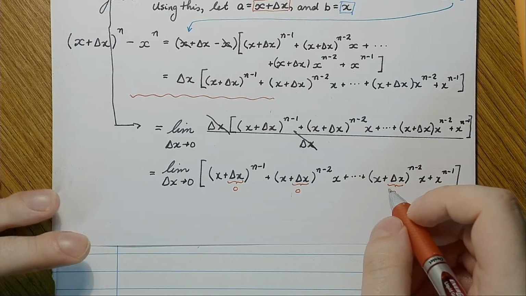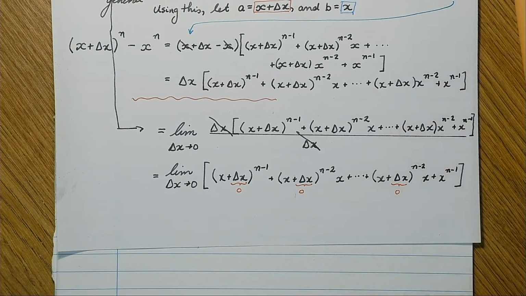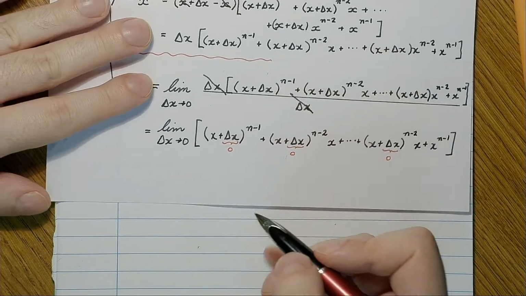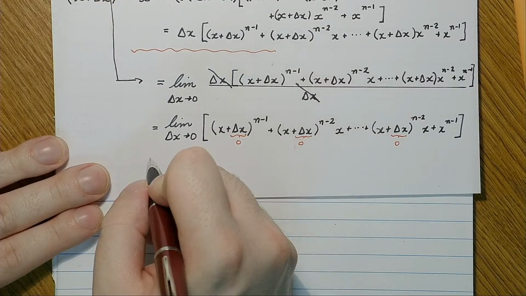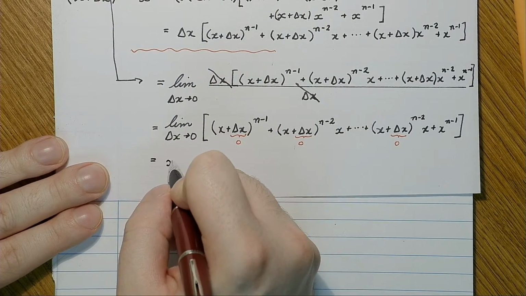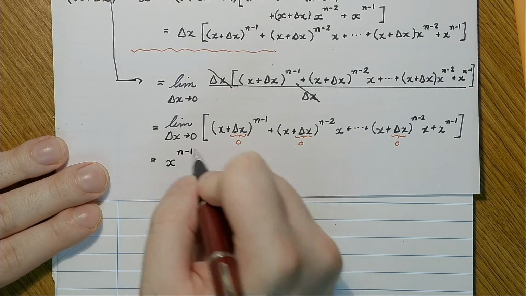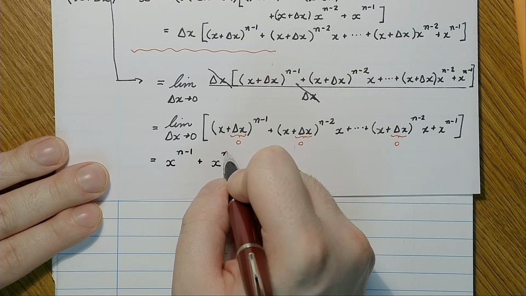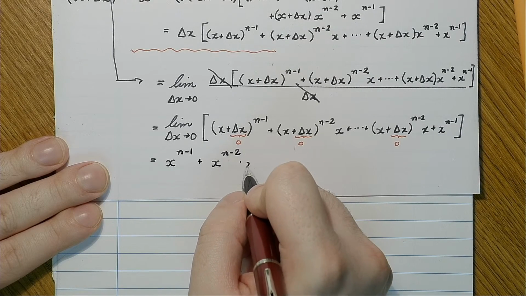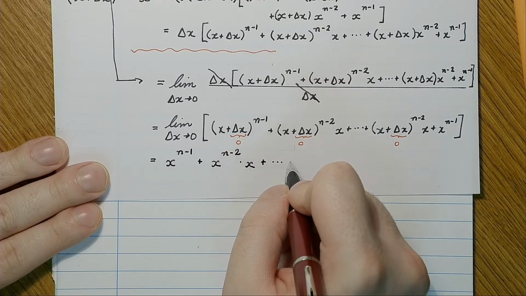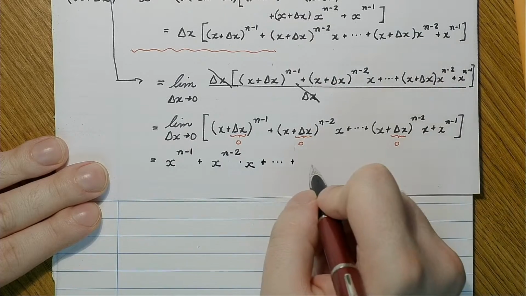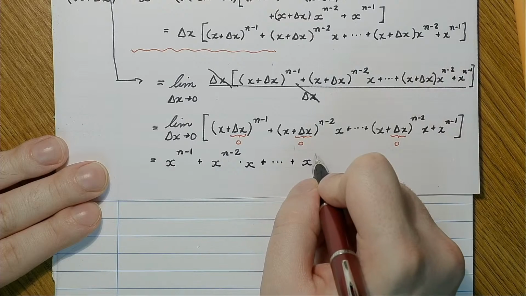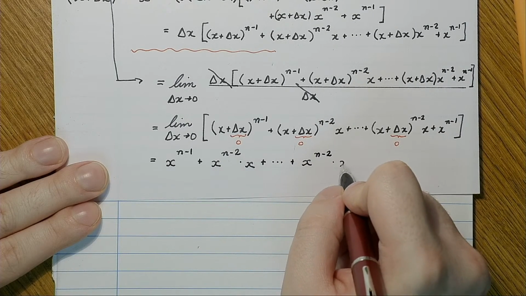And this is 0. And so, in the end, what I get is x to the n minus 1 plus, then I get x to the n minus 2 times x plus dot dot dot, you know, we keep working our way down, get to the end here. So this is x plus 0, so that's just x to the n minus 2 times x.